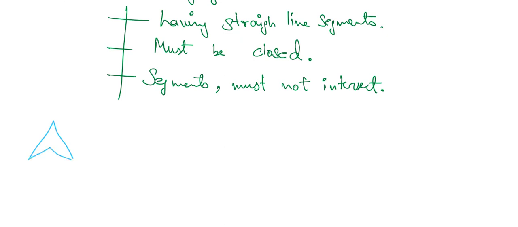Let me draw three sets of figures which are polygons and three sets of figures which are not. Since I am drawing roughly, you may ignore it if the sides are not very clear to you.